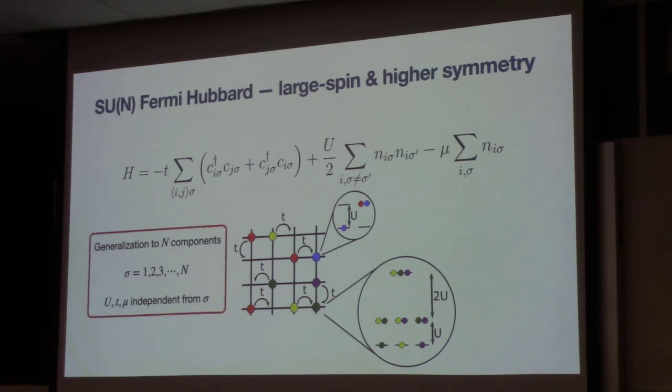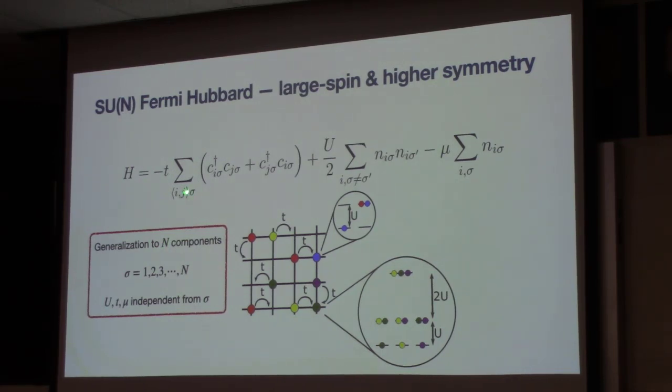So what does it mean to have this generalized Fermi-Hubbard model with N components? If we look at the figure I had before, we only have red and blue particles. Now we're going to have red, blue, green, yellow, orange, etc. What we've done is generalize the Hamiltonian that we're using to describe the system to N components.